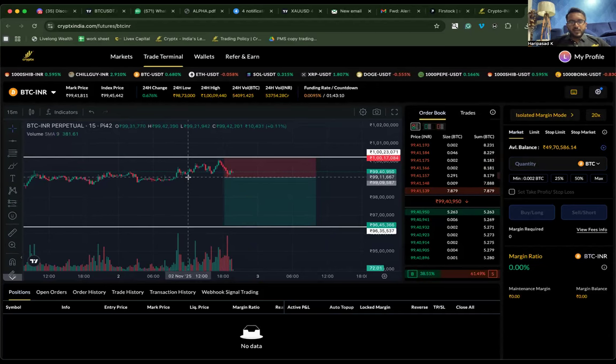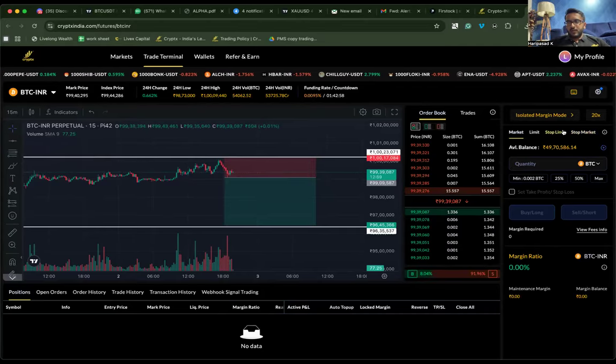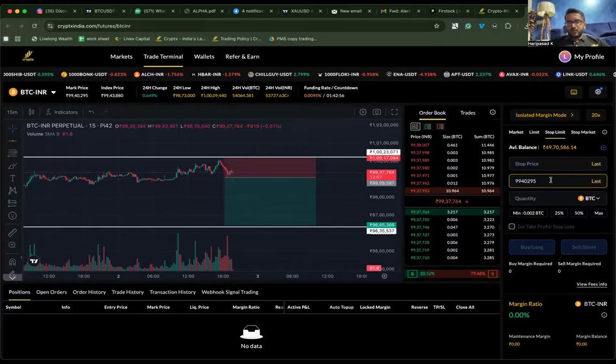To be precise, I would like to go ahead with a short around 99 lakhs 10,000 rupees, where I can go ahead with a sell. So I'll place a stop limit order, and 99 lakhs 10,000 rupees is going to be my entry.